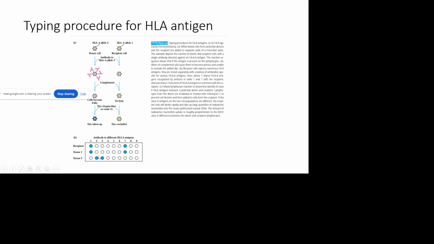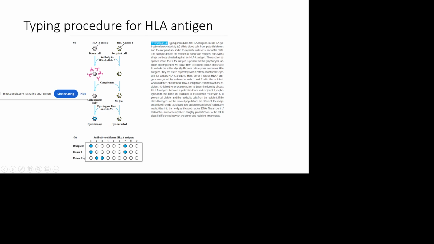So now we will compare the recipient with the donors. Donor 1 is matching because donor 1 and the recipient both have the antibody specific to HLA1 and HLA7. So they are sharing the same HLA type, and their HLA has been matched. But donor 2 has antibody specific to HLA2 and HLA3, so donor 2 will not match.